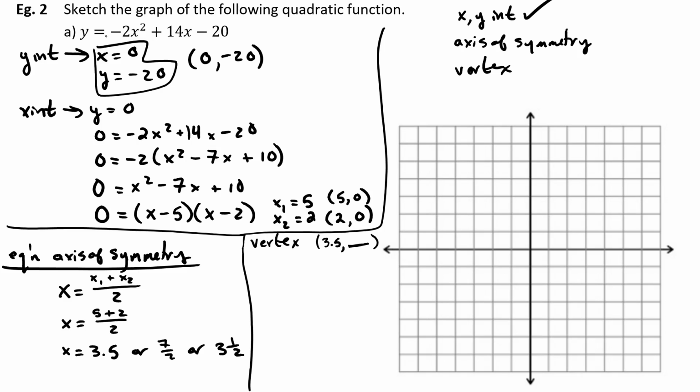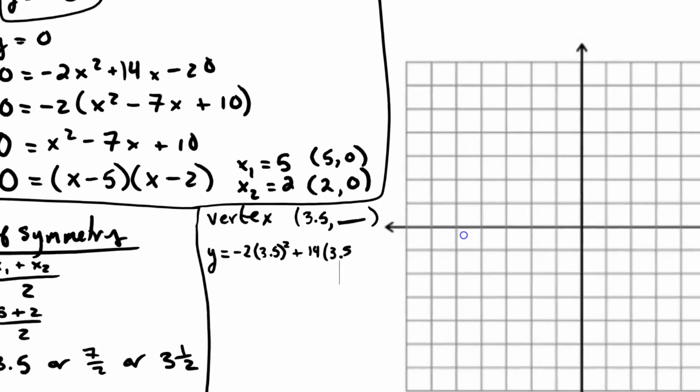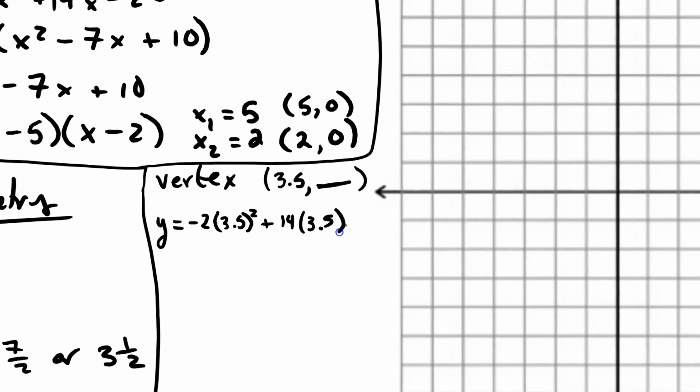If you know one coordinate point, you can plug it in and you can get the other coordinate point. So y equals negative 2, and I'm going to go to the original equation, negative 2 times 3.5 squared plus 14 times 3.5, I'm just going to zoom in here, minus 20.